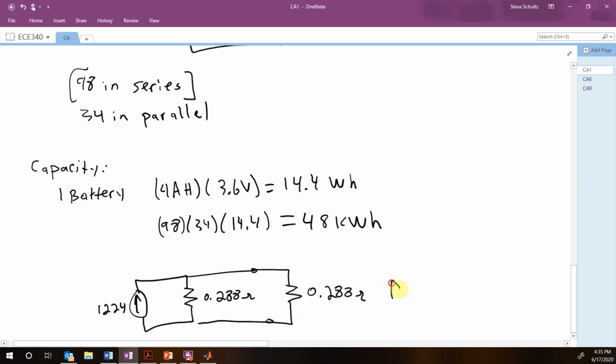And so my power is going to be I squared R, which is going to be 1224 squared times 0.144, which is equal to 216 kilowatts.